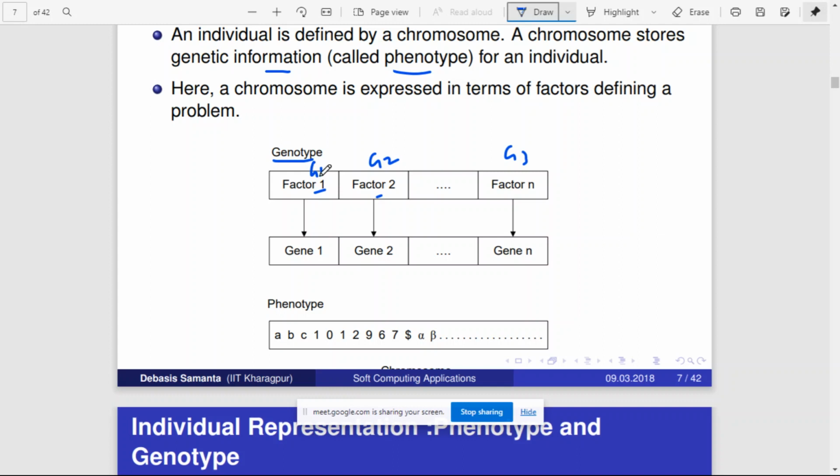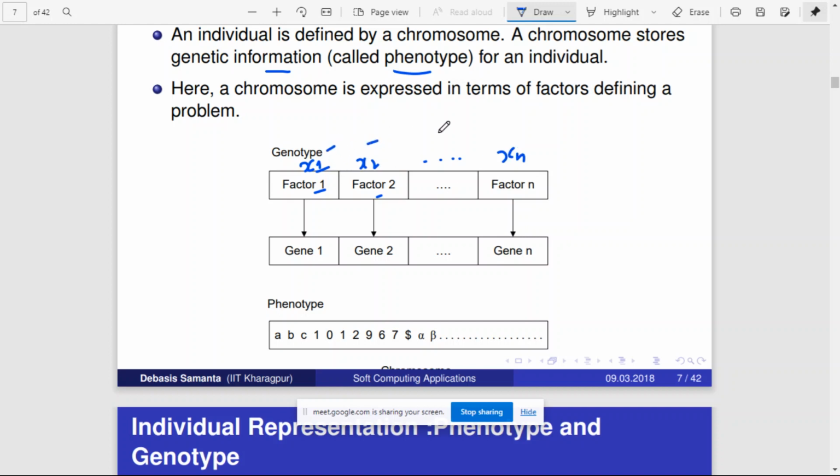But if you know exactly what type of gene every individual gene is, then that is called phenotype. In case of a genetic algorithm, we can connect these factors with variables: factor 1 is x1, factor 2 is x2, so on and so forth, factor n is xn. Now we know that a solution to this problem is a function of all these variables x1, x2 up to xn.